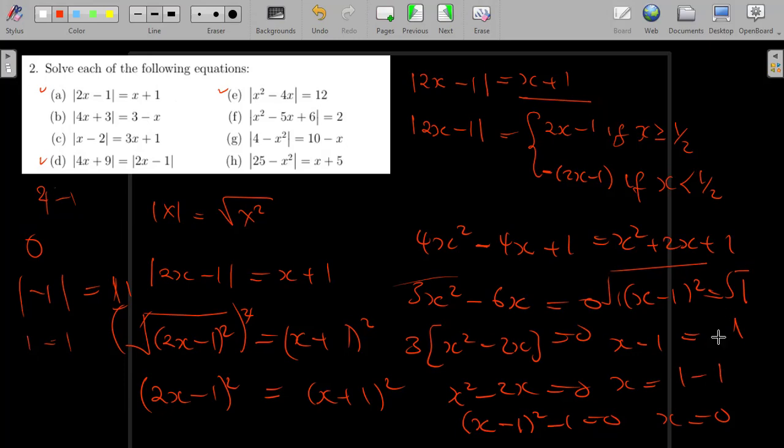If you say this is plus minus, of course, we forgot about plus minus, this will give you one value as 0, and the other value is going to be x equal to 2.